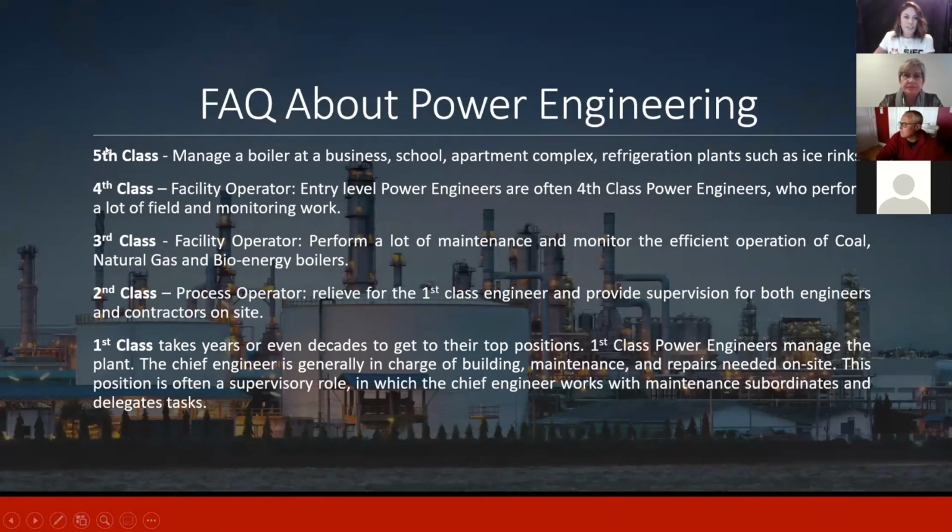As we mentioned, there are 5 classes. The 5th class is what the students can earn after completing the 2 courses and challenging the exam. They manage a boiler at a business, school, apartment complex, or refrigeration plant, such as ice rinks. All the way down to the 1st class, which would be a chief engineer in charge of the building and maintenance and repairs needed on the site.